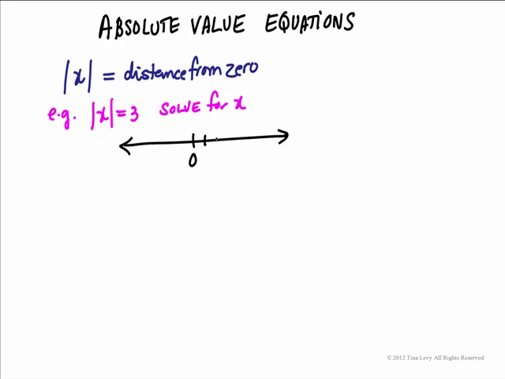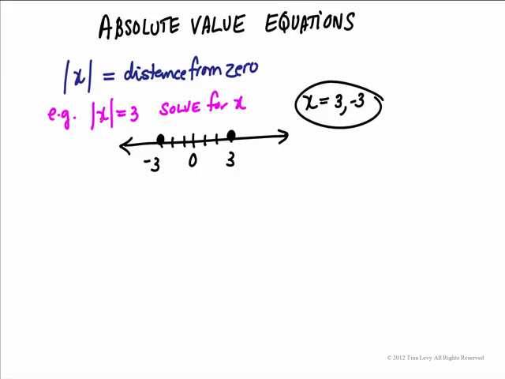If I go 3 to the right, 1, 2, 3, I get one value, positive 3. But I can also go 3 to the left because the distance would still be 3, and that gives me negative 3. So the solution for absolute value of x is 3: I get two values, positive 3 or negative 3 are the two values that are 3 units from 0.